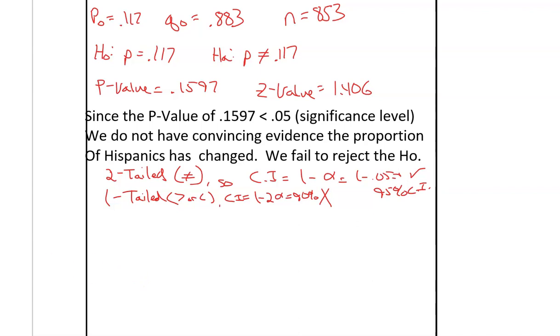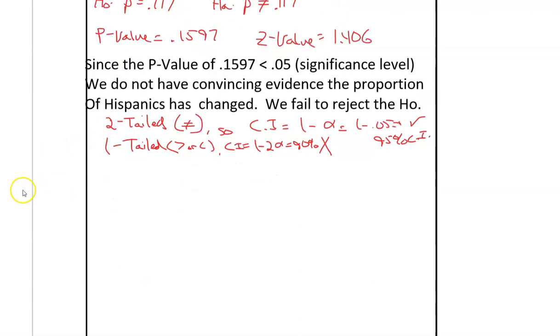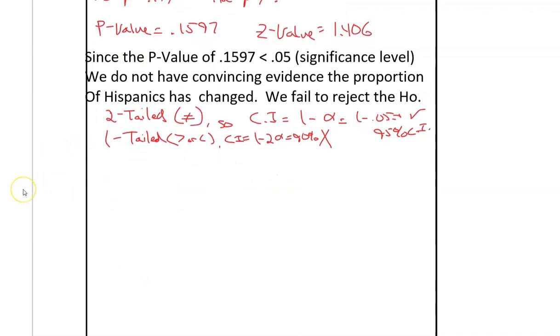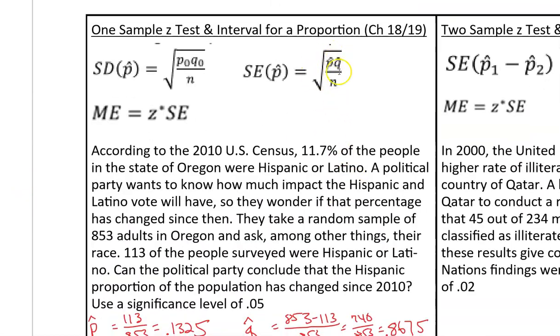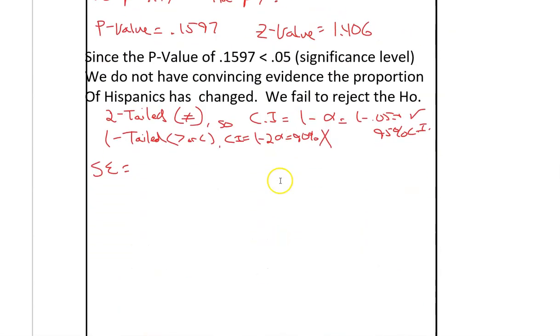And I'm going to show you by hand how to find SE and ME now, because that can happen on the test where they ask you to find SE and ME. And SE is just a formula you have up here. It's the square root of p hat times q hat over n, all inside of a square root. So let's do that.